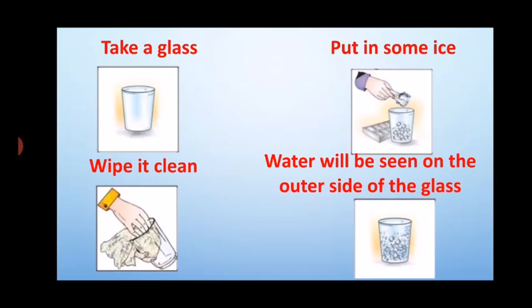Sometimes we drink Pepsi Cola, or sometimes we drink Thums Up. You will see that there is a lot of water on the outside of the bottle. There is cold Pepsi inside, and when you drink cold Pepsi Cola, you will see a lot of water on the outside of the bottle.